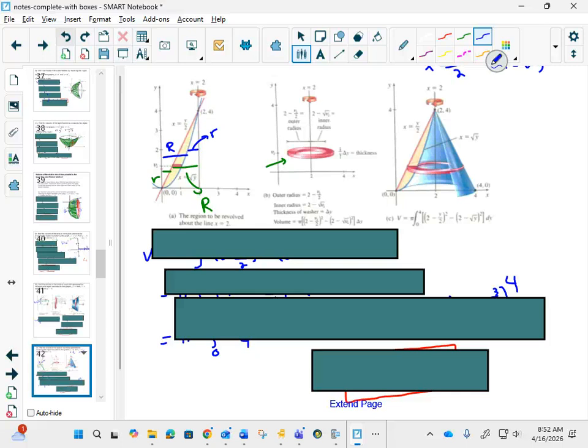So instead, if I look at the picture and I wanted to find this R, does it make sense that it was from here to here would have been 2, but now I have to subtract, and that blue line was the square root of y. My big R here, again, I'm going to do the same thing. I'm going to start with 2, but now I am subtracting my red line, which was y over 2.